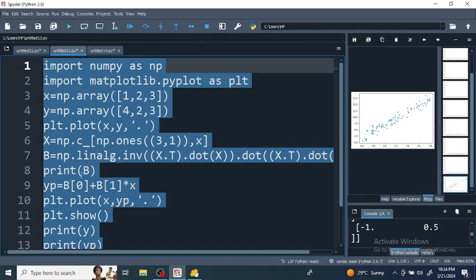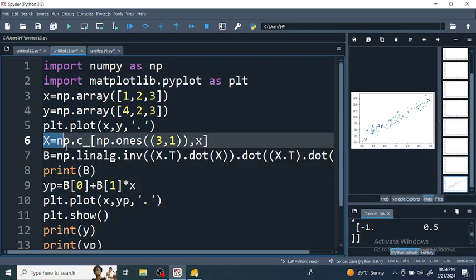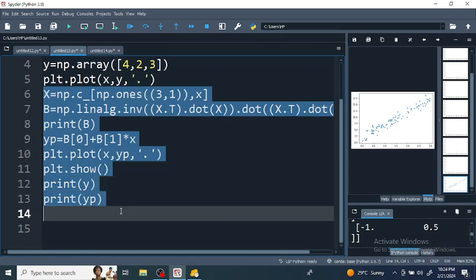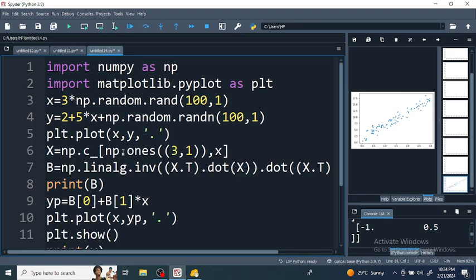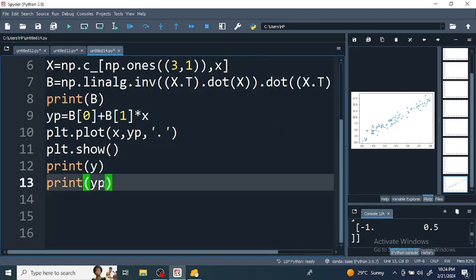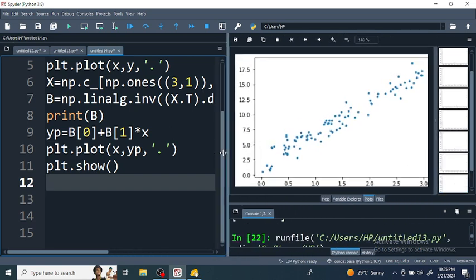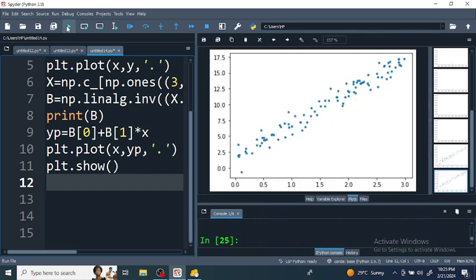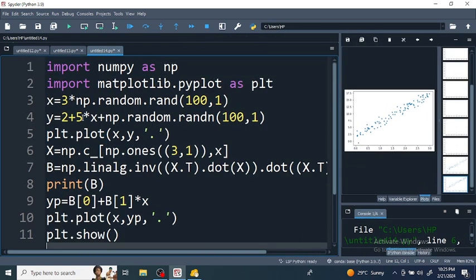Again I am going to copy this from here, remove this plt.show, and no need to print b. So now you can see here, plt.plot x y.